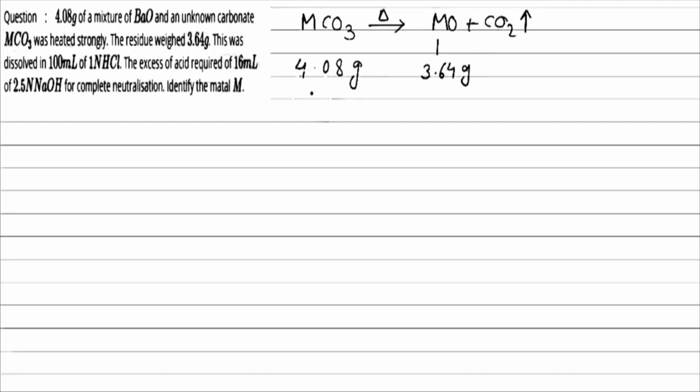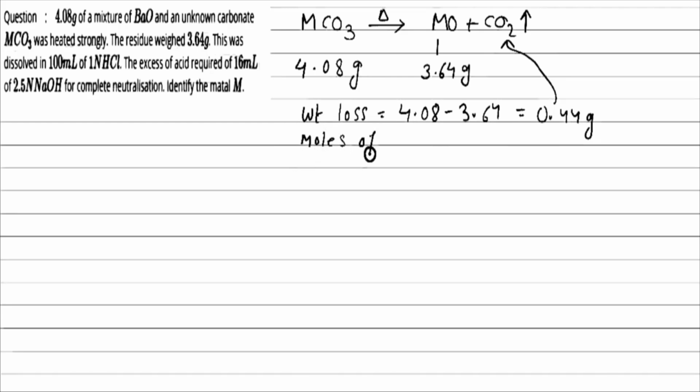So let us find the weight lost here: 4.08 minus 3.64, which is 0.44 grams, which is nothing but the weight of CO2 gas that has escaped. Now let us find the number of moles of CO2: given mass 0.44 by molar mass 44, which is 0.01.